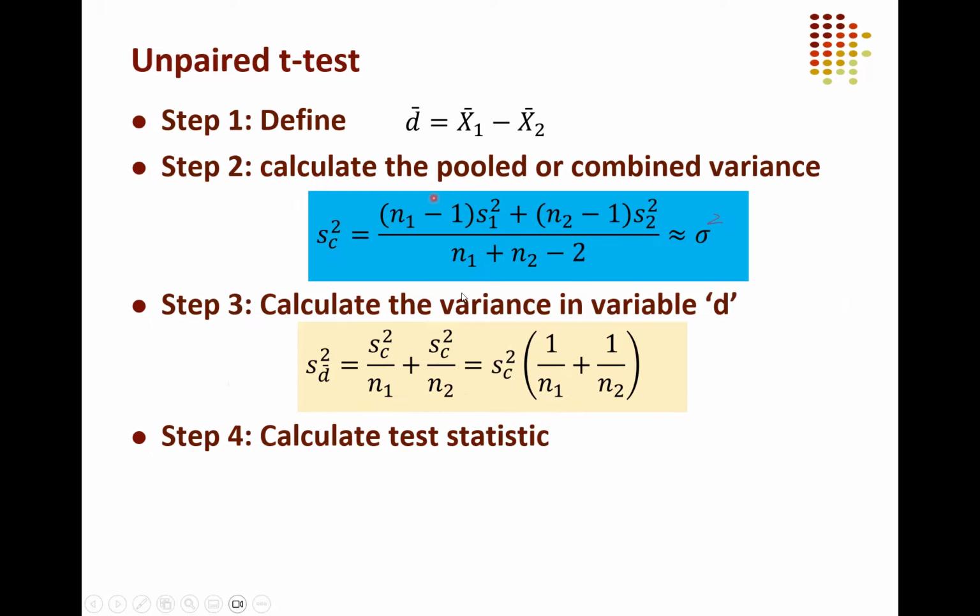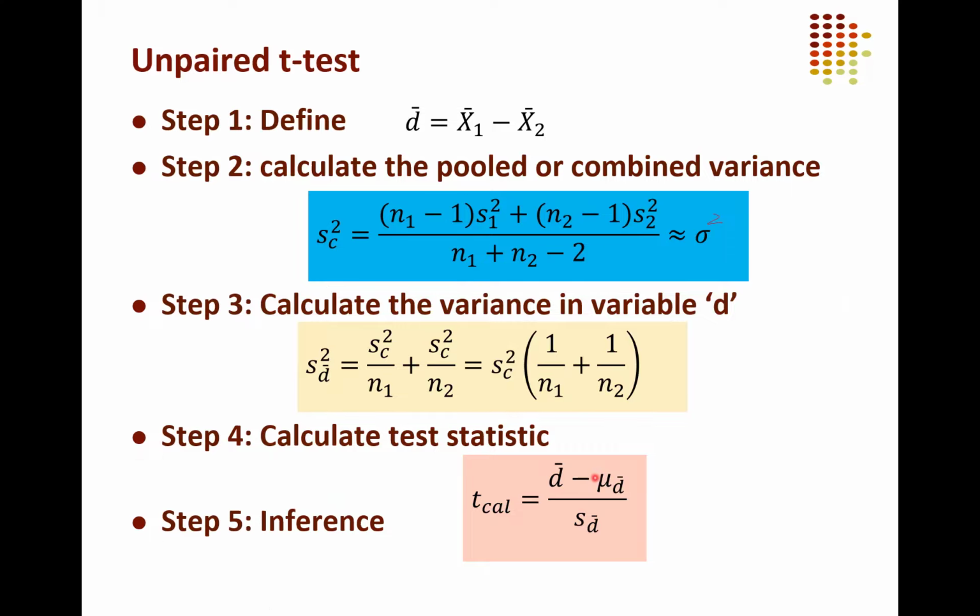And then we will go for the calculation of the test statistic, which is d minus mu d over Sd. When the two samples are from the same population, there is going to be negligible difference between their mean values, so this mu d must be equal to 0. Then we will make the inferences.